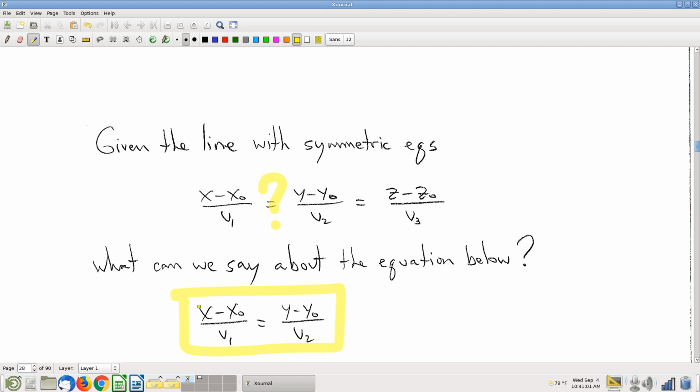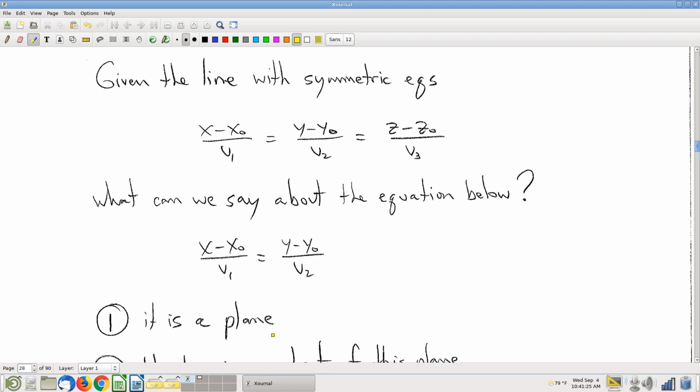What's that thing? I know altogether this is a line. This is the symmetric equations of a line, but by itself, what is that? And it turns out there's a wonderfully convenient answer to this question. And the reasoning is good use of ideas that we've already talked through, and one more.